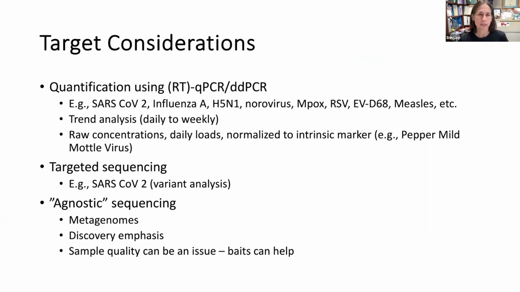So when we think about our target considerations, again, if you're doing quantification, which is typically with RT-qPCR or qPCR and ddPCR, there are assays that are already available for any number of things.